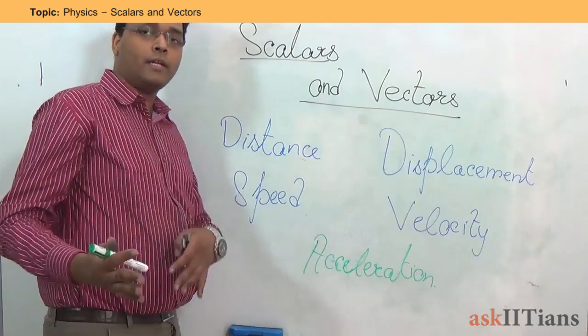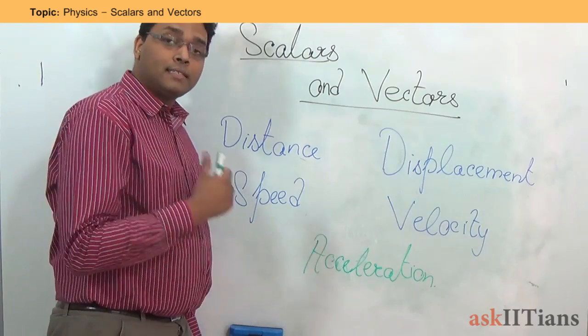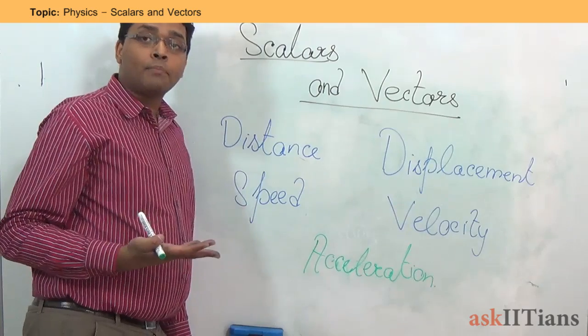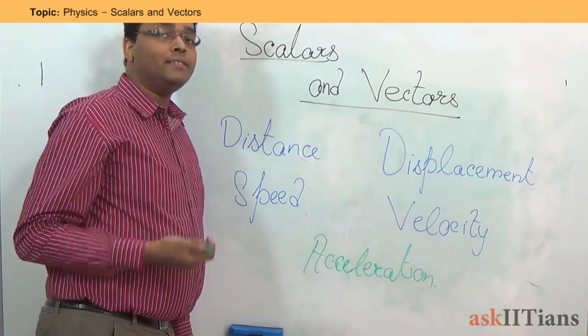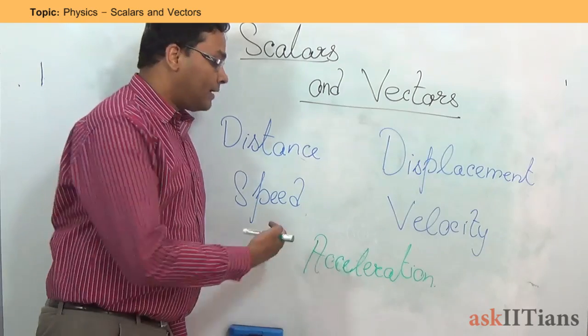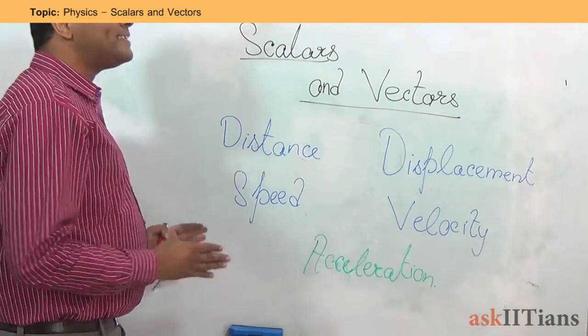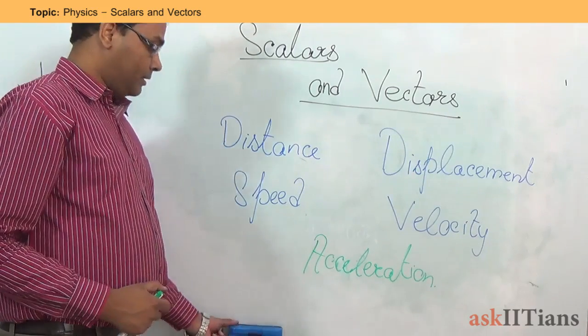We'll be discussing more on it when we come to the chapter on uniform motion. When a force is applied on an object, the change in its velocity per unit time is what is known as acceleration. So this is the basic difference between a scalar quantity and a vector quantity.